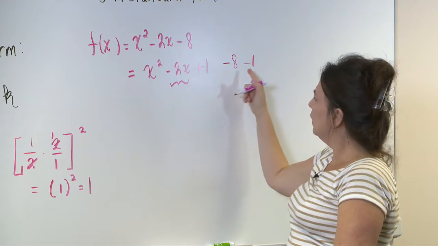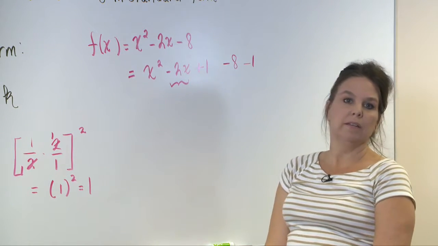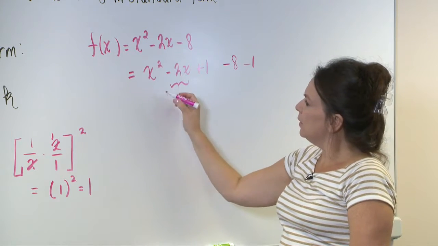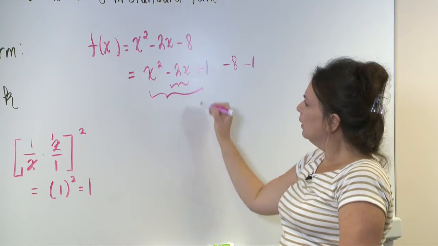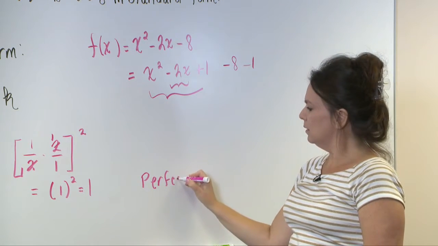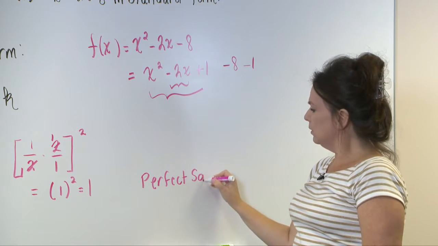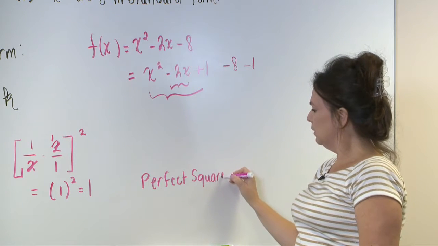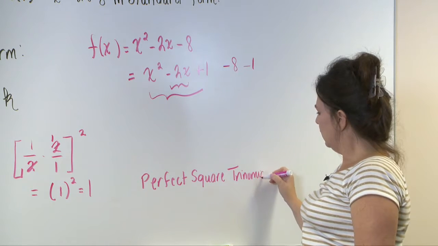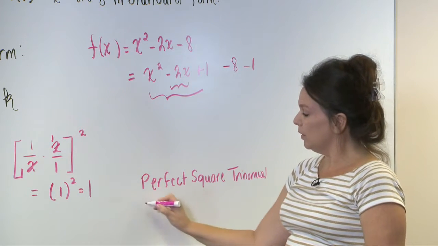By adding and subtracting 1, the net change is 0. So here we have a trinomial, and that's a perfect square trinomial, meaning that I can factor that.